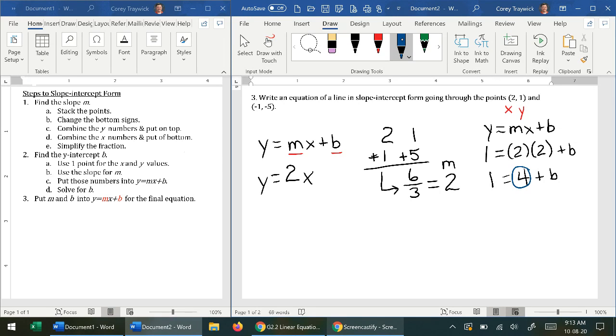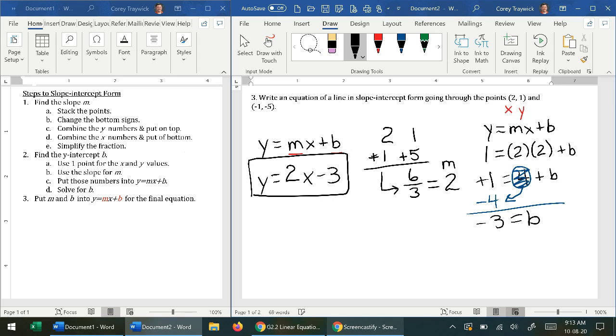Since we have a plus 4 on the right, when you move it to the left, it becomes a minus 4. So in this case, we have positive 1, negative 4. That means we have 3 more negatives, so that means it's minus 3, which equals b. And that is our y-intercept, so we write that beside our 2x as y equals 2x minus 3.